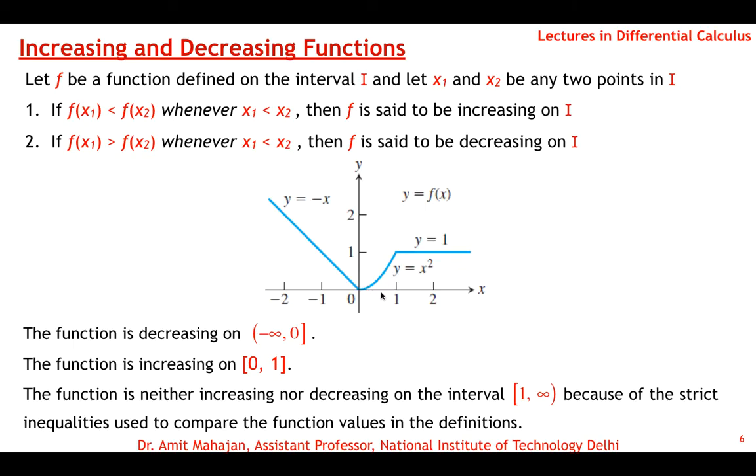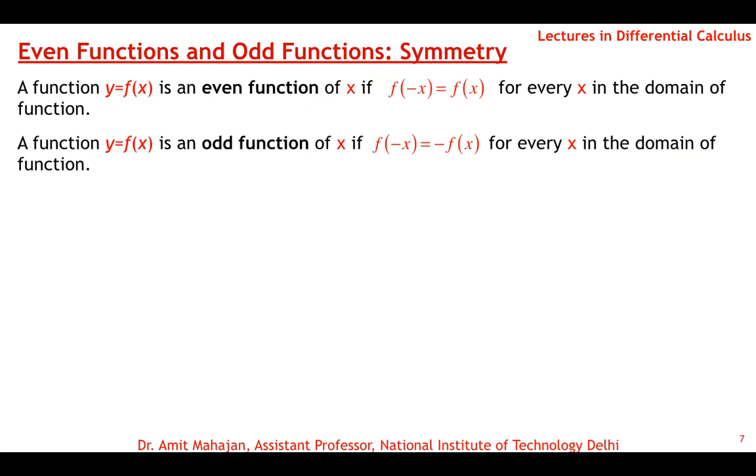So if you take any 2 points in 0 to 1, the value of the function at the right point will be greater than the value of the function at the left point. And the function is neither increasing nor decreasing in 1 to infinity. In this region, take any 2 points, the heights are the same. So this is how we define increasing and decreasing functions.